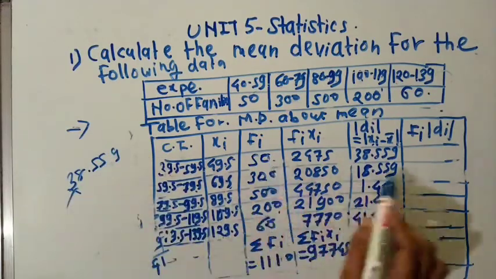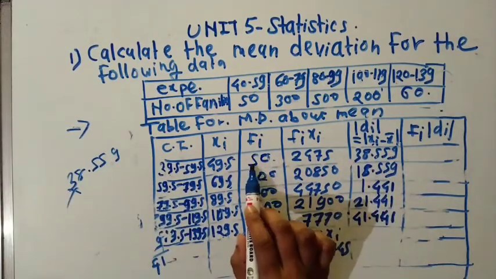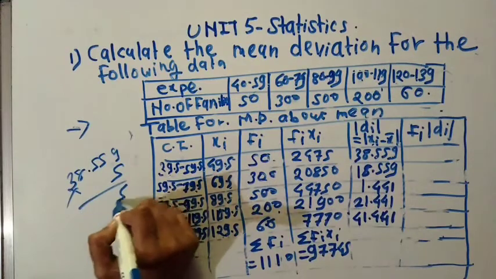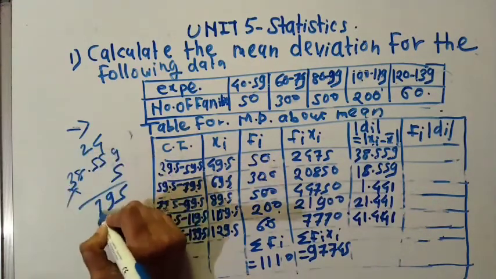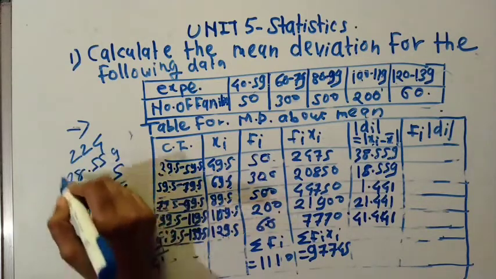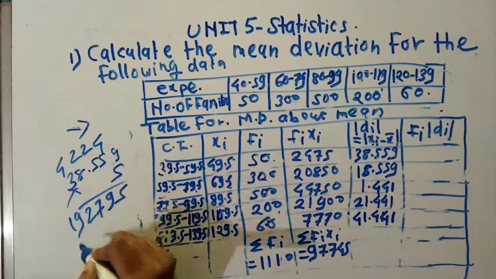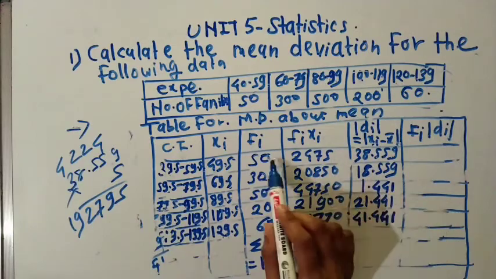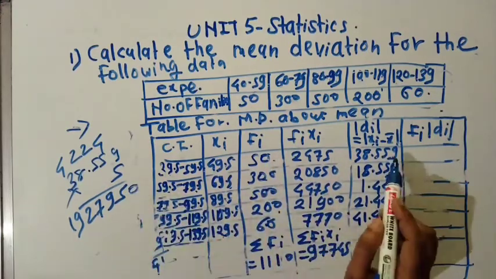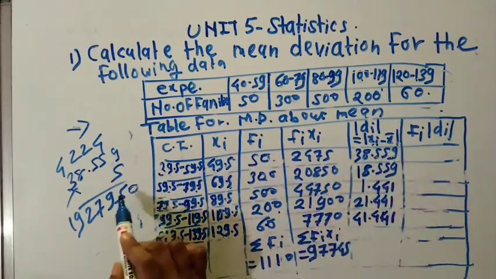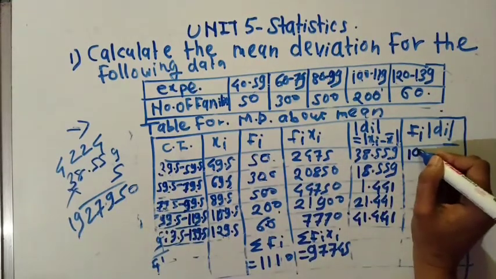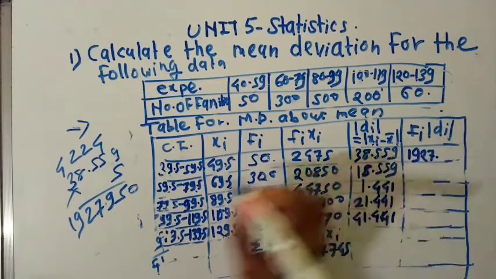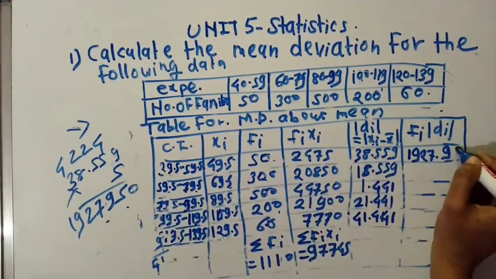Then taking this multiplication, fi into mod of di means this into this. 38.559 into fi means 50 is 1927.95.